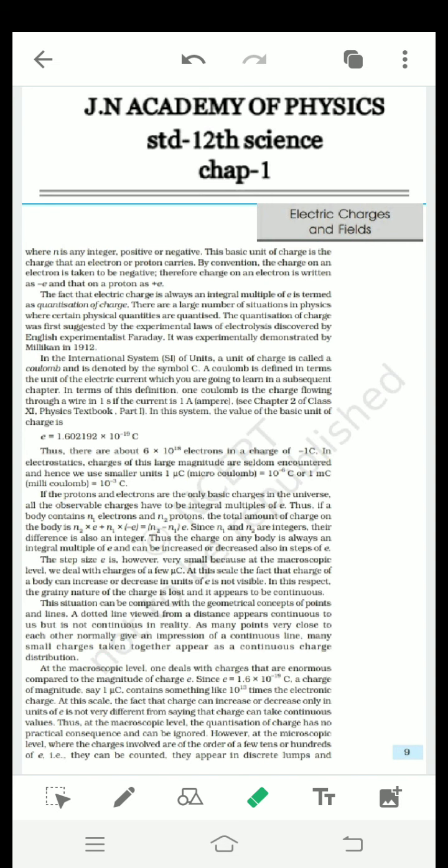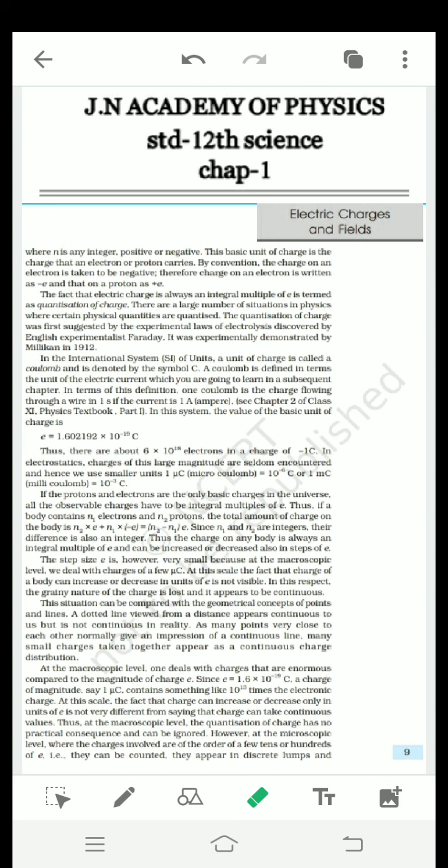The fact that electric charge is always an integral multiple of e is termed as quantization of charge. This was first suggested by the experimental laws of electrolysis discovered by Faraday, and experimentally demonstrated by Millikan. In the SI system, the unit of charge is called the coulomb and is denoted by the symbol C. In terms of the definition, 1 coulomb is the charge flowing through a wire in 1 second if the current is 1 ampere.